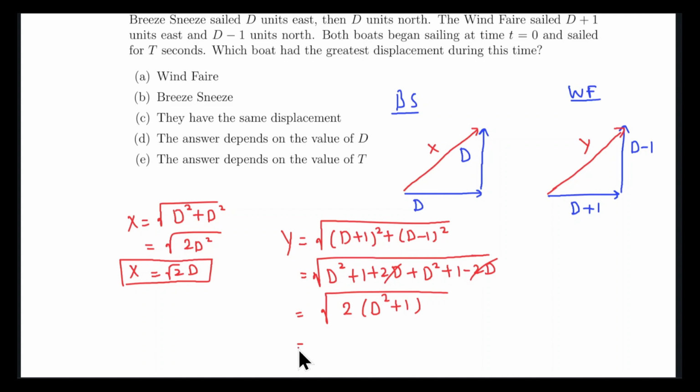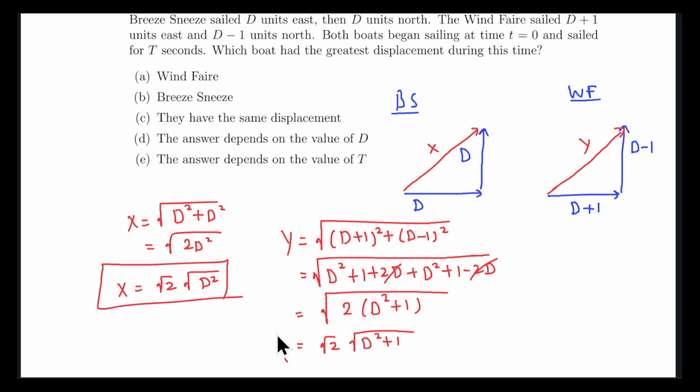And what is root of 2? That's just root of 2. And I'm left with root of d square plus 1. And you know what? I'm going to rewrite this one also in a way that will make it easy for us to compare. That can be written as root 2 times root of d square. Now tell me, guys, which one is a bigger number? Obviously the other one, right?